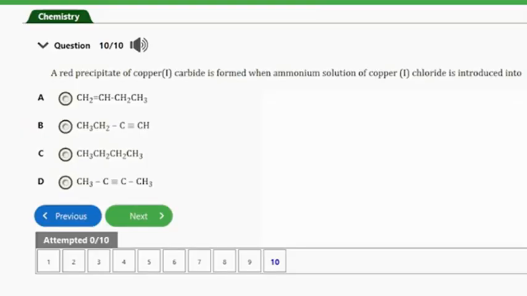This makes the hydrogen attached to its carbon acidic, so that if any terminal alkyne reacts with a salt, there will be a double displacement. So the copper 1 carbide can only be formed when the ammonium solution of copper is introduced into this compound, which is a terminal alkyne, and that's option B here. So that's it for that question, and that will be all for this video.